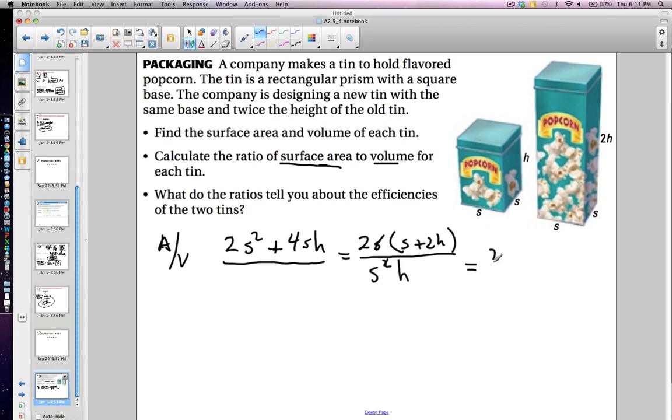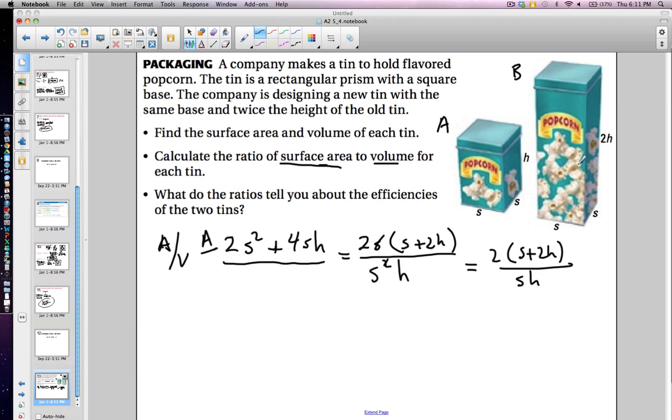So I'll have 2 times (s plus 2h) divided by sh. Okay, and that's for my first tin. Let's call this one A, and let's call this one B. So this one is A. Remember, I'm looking for the fraction that has the smaller value.